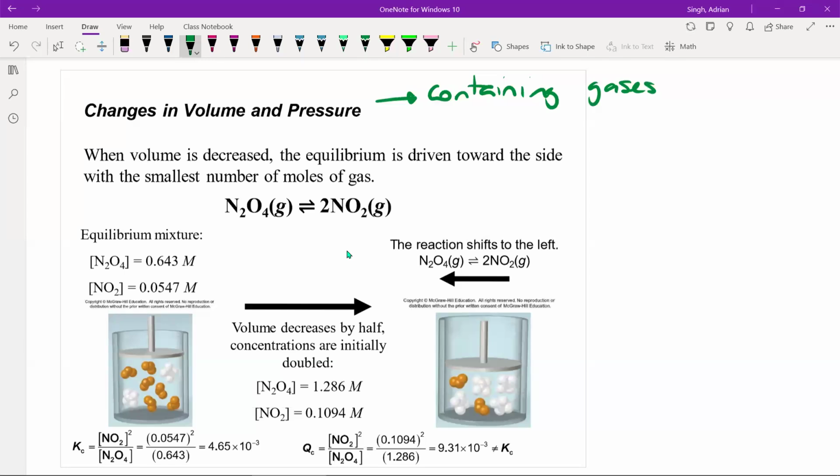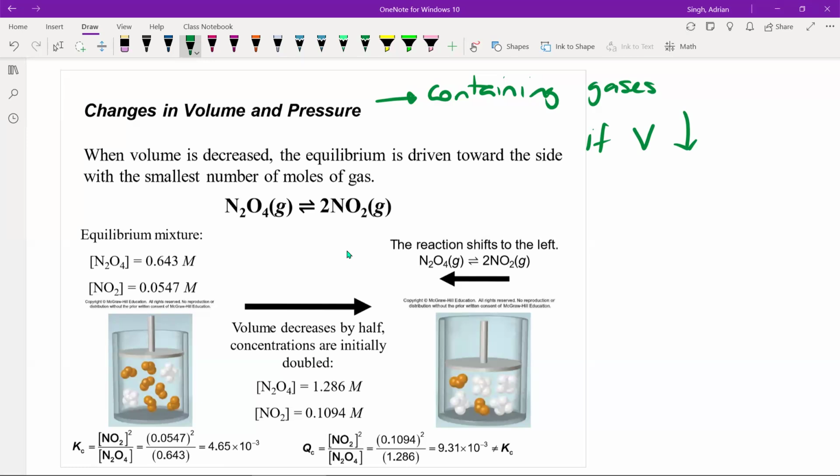So generally, we'll talk about the general rule now, and we'll look at some specific examples. When the volume is decreased, so we go from a big volume to a small volume, the equilibrium shifts towards the side with a smaller number of moles of gas.